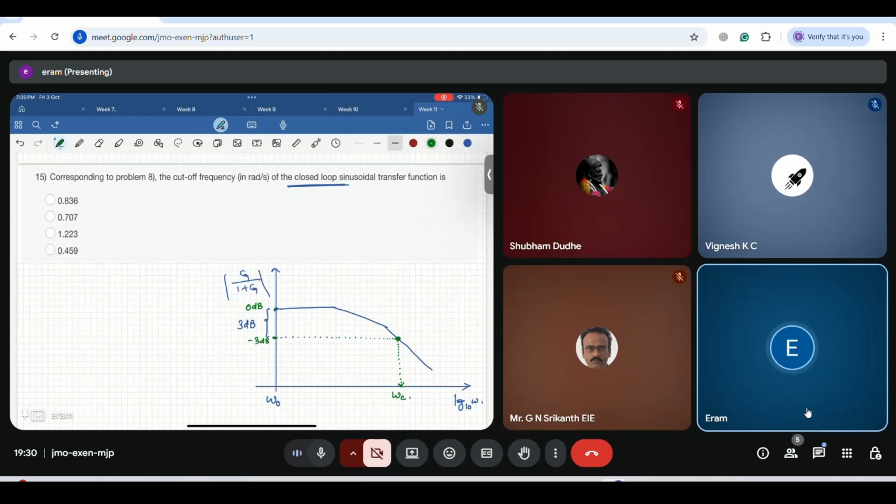Because if you come 3 dB lower than 0 dB, you are at minus 3 dB, correct? So calculate the magnitude of the closed loop transfer function, make it equal to minus 3 dB, and calculate the corresponding frequency. That will give you the cutoff frequency.